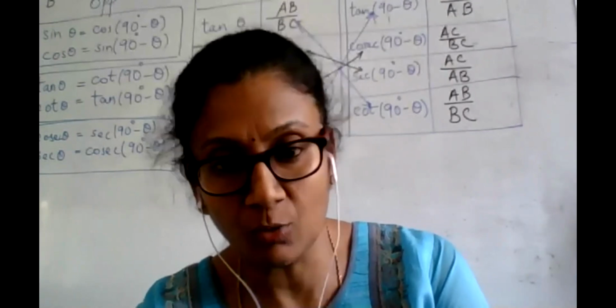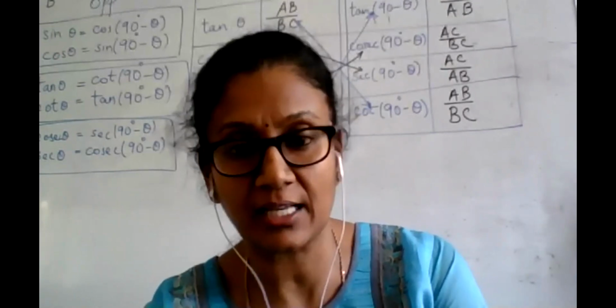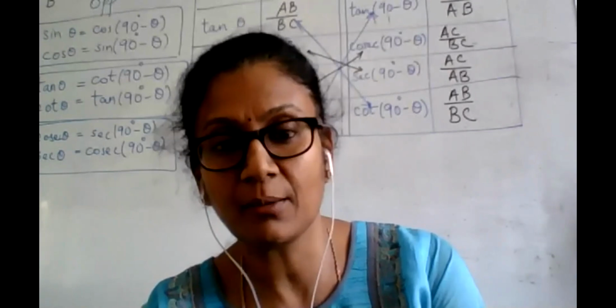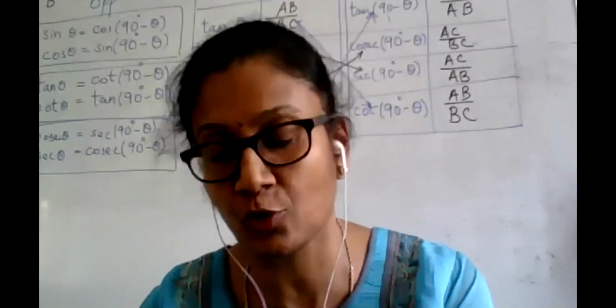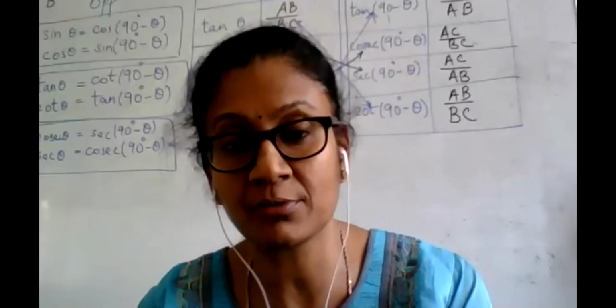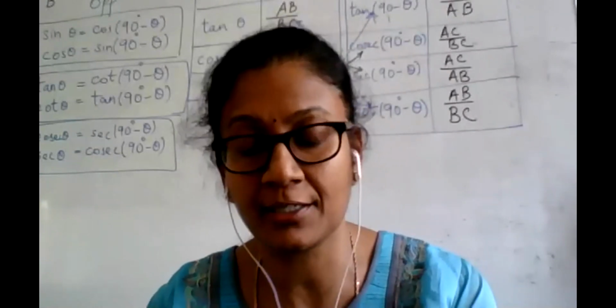If you have any doubt regarding any of this, you can start the class with that. Now don't worry about what you will do with complementary angles, or that she did so many things which you are not able to follow. The more problems we try to solve on complementary ratios, the clearer it will be.